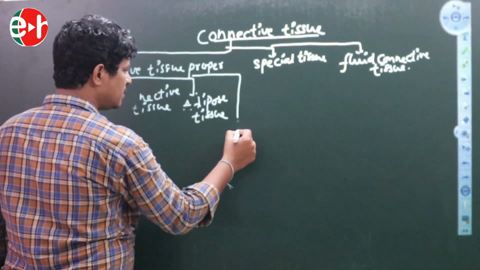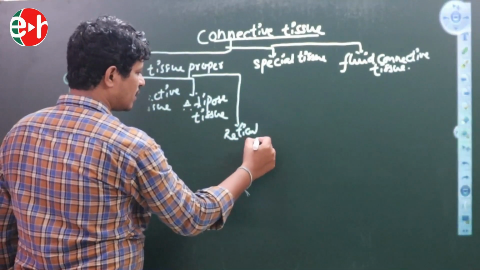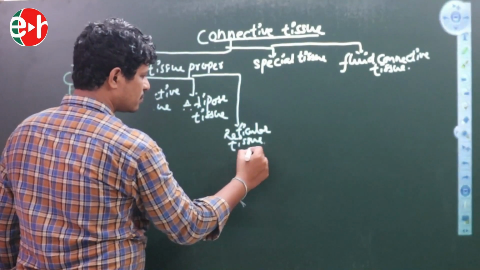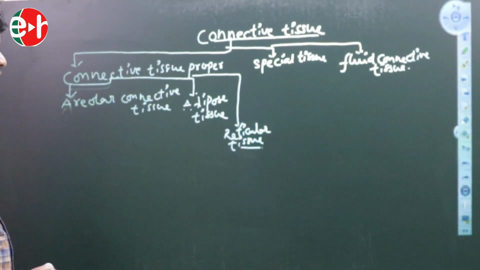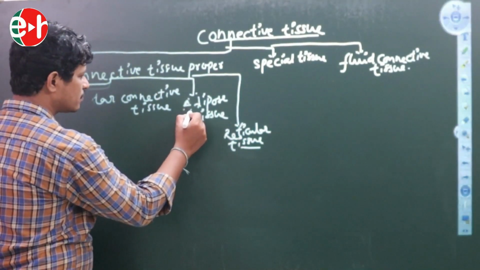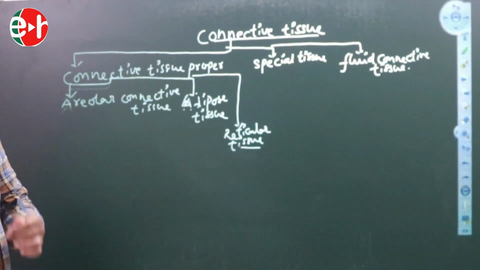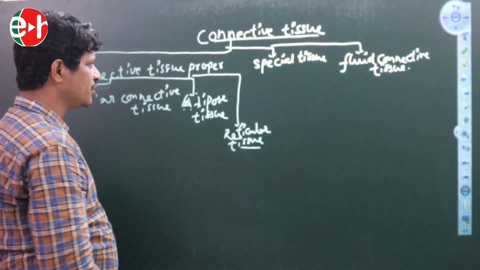And the third one is reticular tissue. These are the three types of the connective tissue proper: areolar connective tissue, adipose tissue, and reticular tissue.